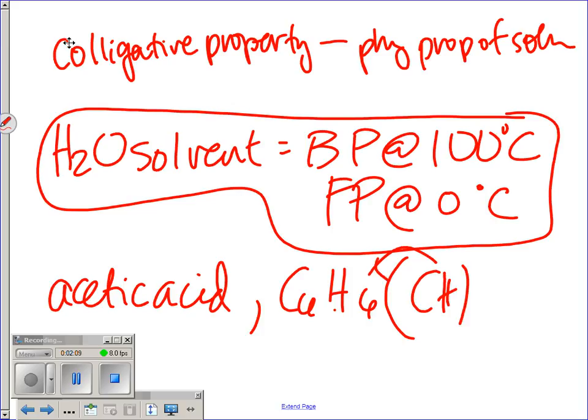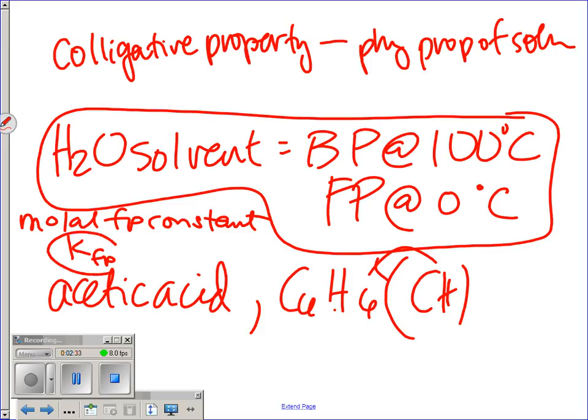Each of the solvents has a very particular constant related to it. It's called the molal freezing point constant or molal boiling point constant. How is that expressed in your notes? What's the molal freezing point constant? Okay, so you're saying K, right?